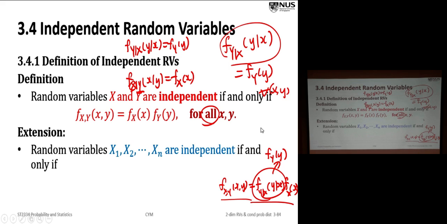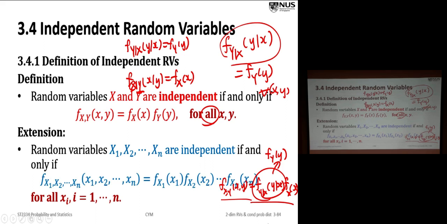So we can extend this to more than two random variables. If we have a set of random variables x1 up to xn, and we say that they are independent, then that means the joint distribution is equal to the product of the marginal distributions for each random variable, for all the possible values of xi.